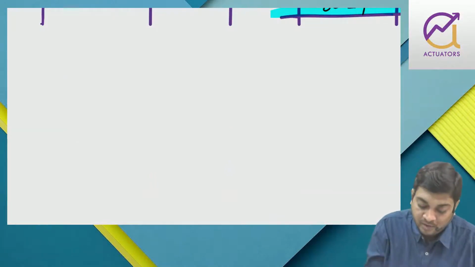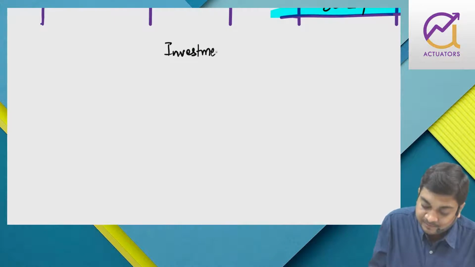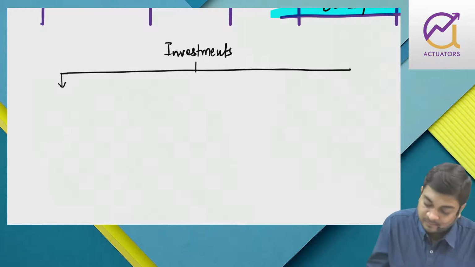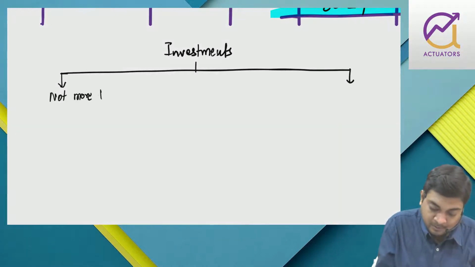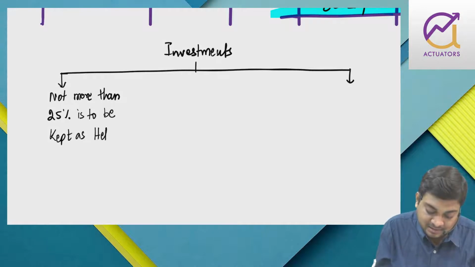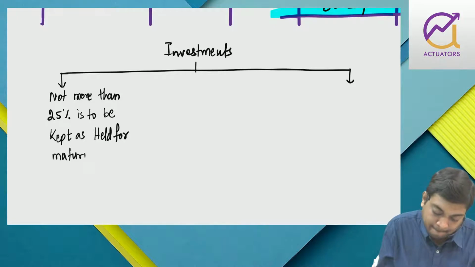Now, if I see investments, not more than 25% is to be kept as held for maturity.